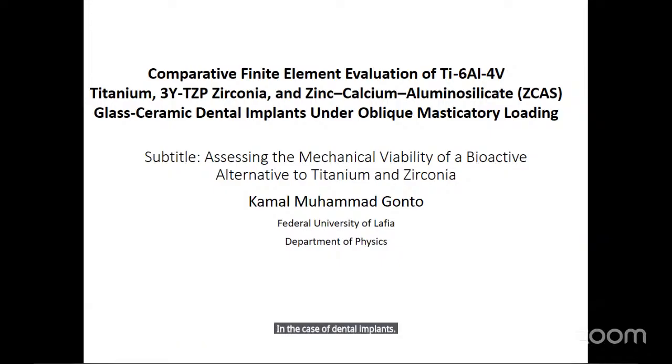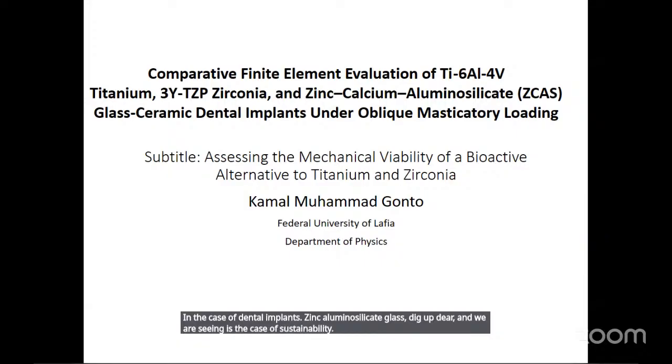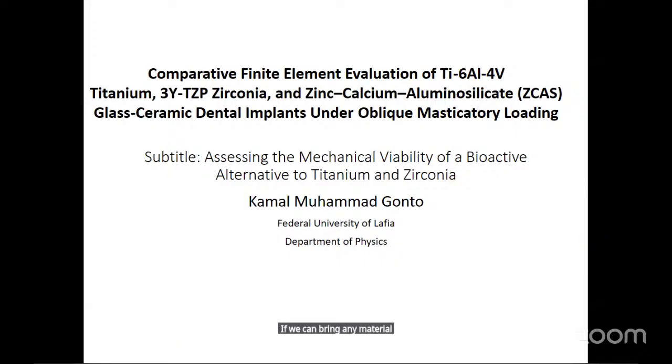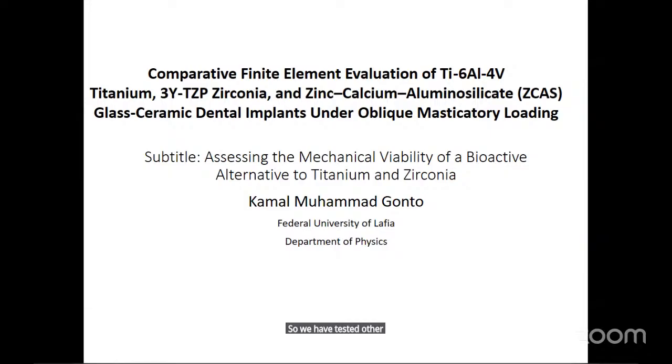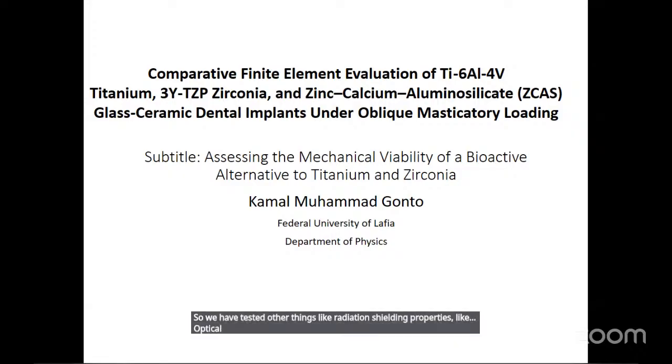For zinc aluminum silicate glass, the gap we are seeing is the case of sustainability. If we can bring any material that is sustainable, any material that can be obtained, I've explained that zinc calcium aluminum silicate glass is a unique glass because it is a glass that has 100% composition obtained from waste material. So we have tested other things like radiation shielding properties, optical properties, thermal properties of this glass.